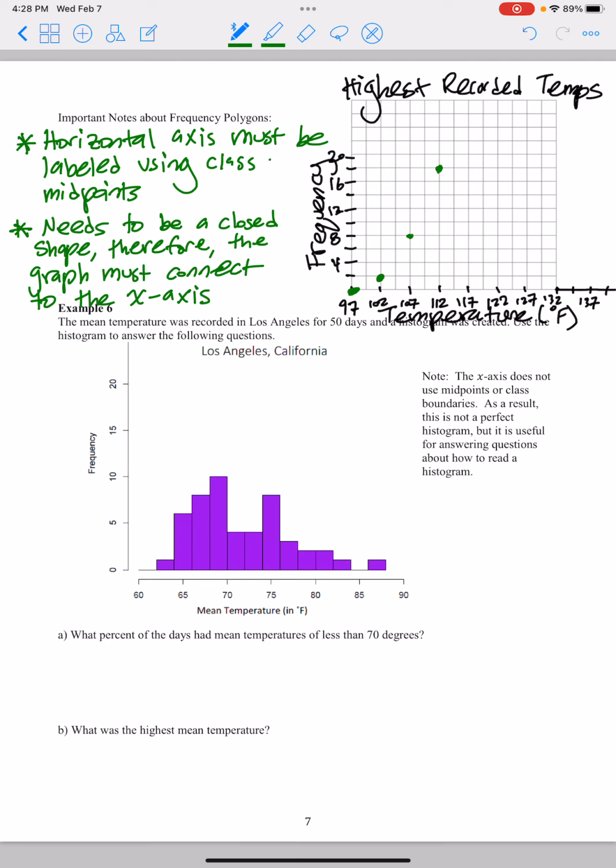The one after that had 13. Then 7 for 122. Midpoint of 127 had 1 item. And 132 had 1. And 137, it has none. And so what we have to do now is draw a straight line between each of the dots. And that is our frequency polygon.